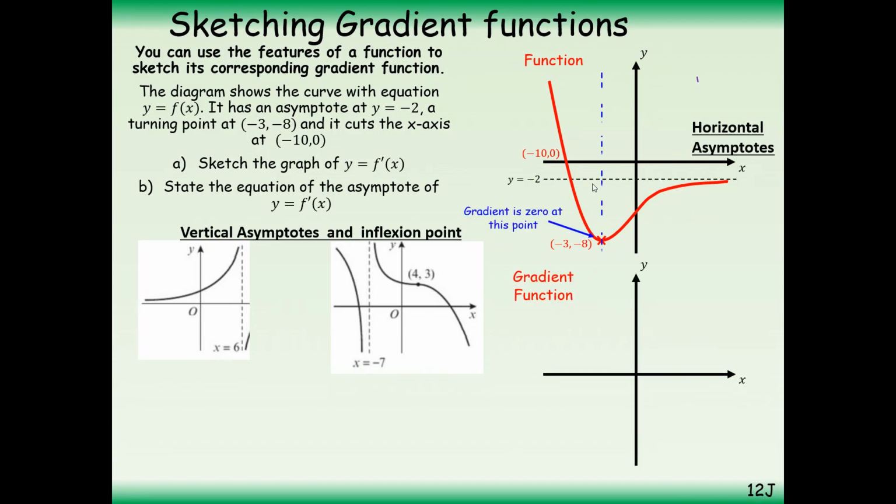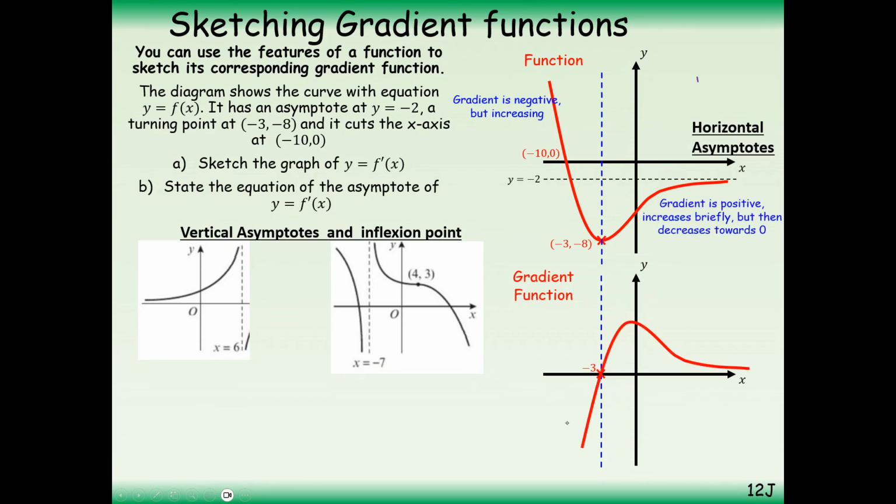Okay, so this is the same graph. At x equals minus 3, we're going to have a root here. So you think about it, the function is decreasing up to x equals minus 3, so the derivative should be below the x-axis, and then after minus 3 it turns positive, it's increasing, so that's why the derivative function is above the x-axis.